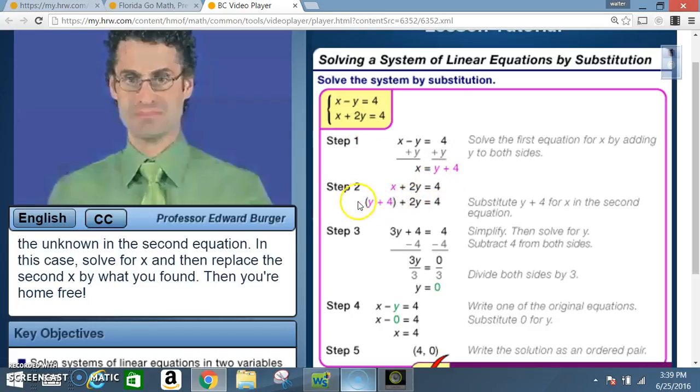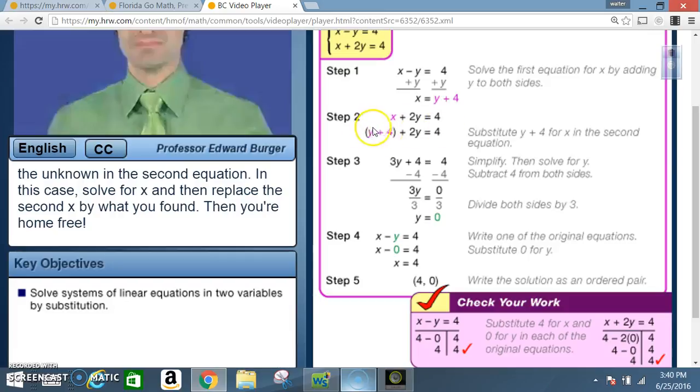Now notice what you have. Now all your variables are the same, y and y. That's why we call it substitution, because in this case, we substituted the x and used y instead. So once again, we got y plus 4 plus 2y is equal to 4.